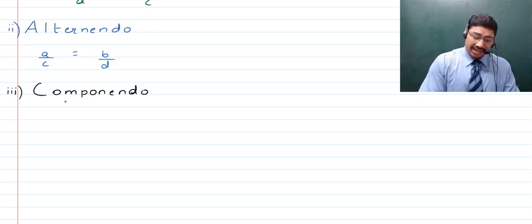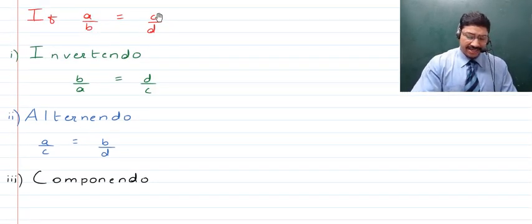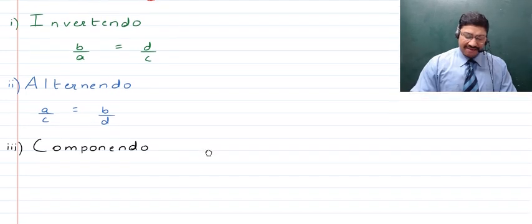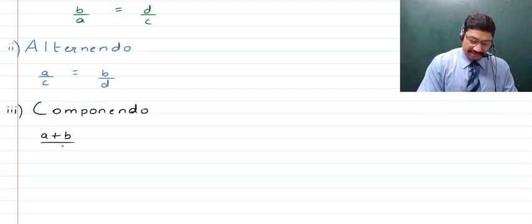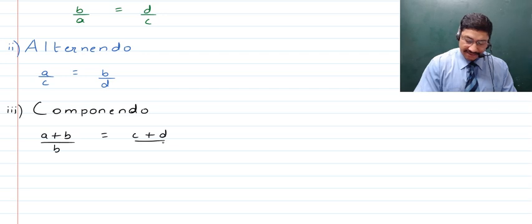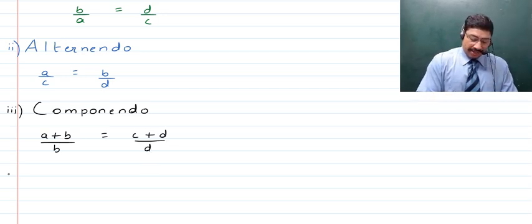Okay, so if, remember, we already have some A upon B to be equal to C upon D, then componendo is what? It is A plus B divided by B to be equal to C plus D divided by D, right? So this is componendo.